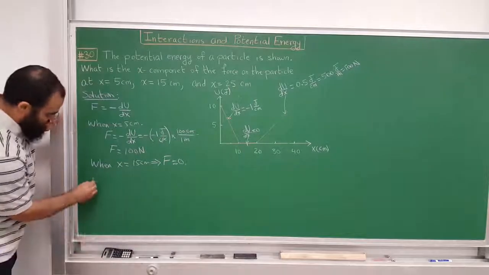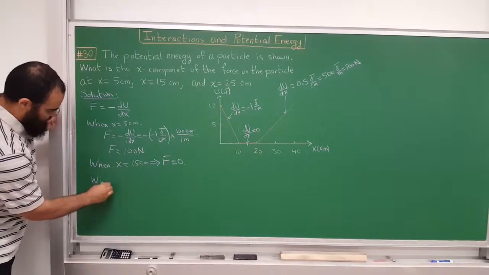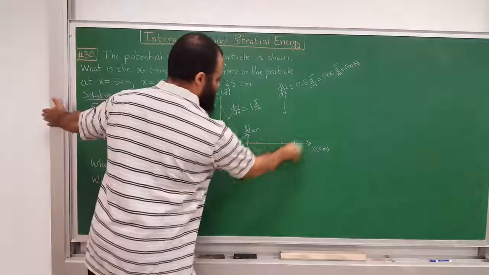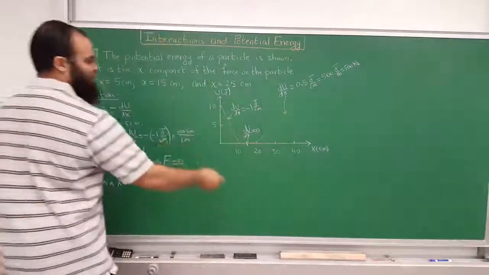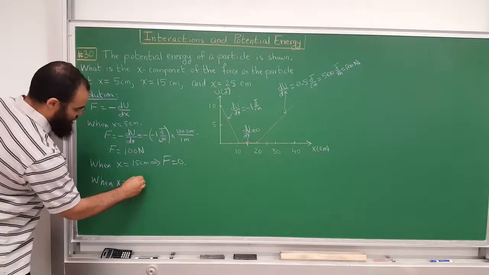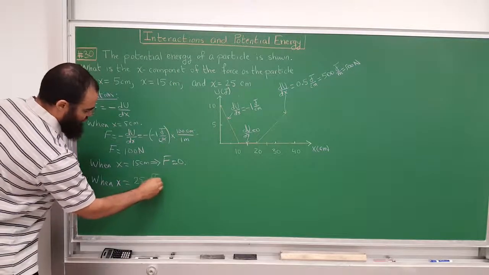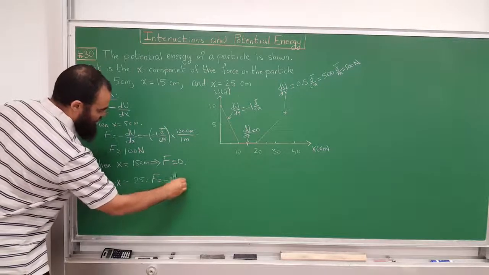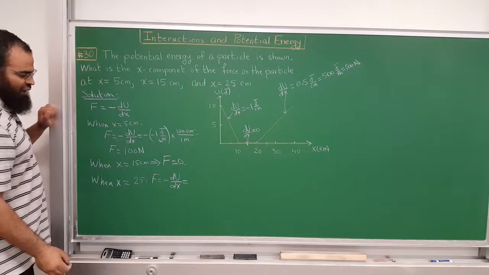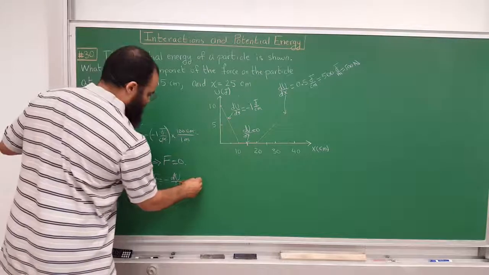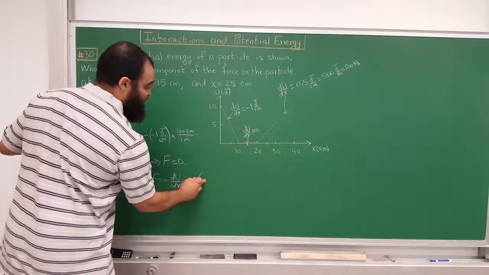So when x is equal to somewhere here between 20 and 40, we're looking at 25, so here is 25, we get F would be negative du dx, and then it's negative positive.